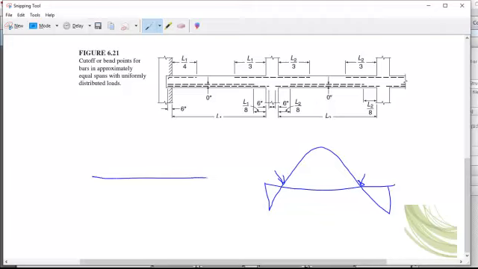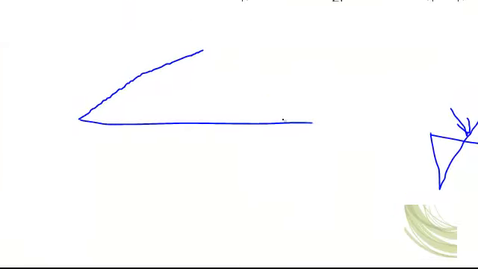Similarly, if you see the bending moment diagram of a simply supported beam, it looks like this. There the moment becomes zero, and at the supports the moment comes out to be zero. Clear?